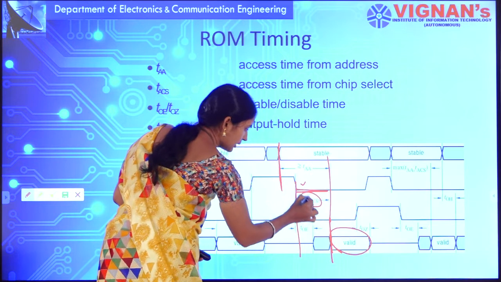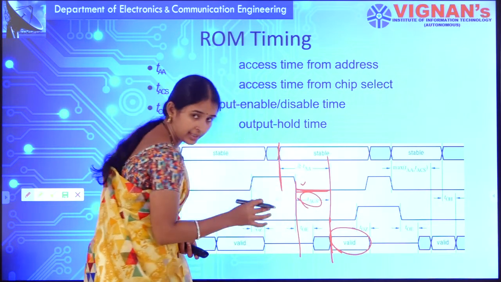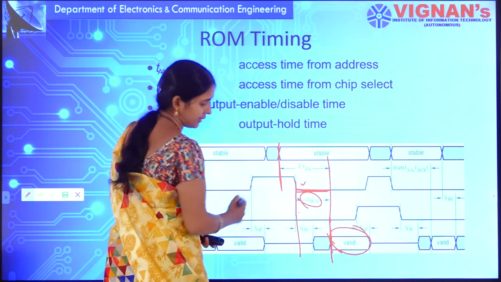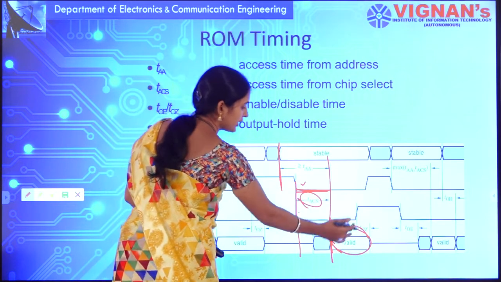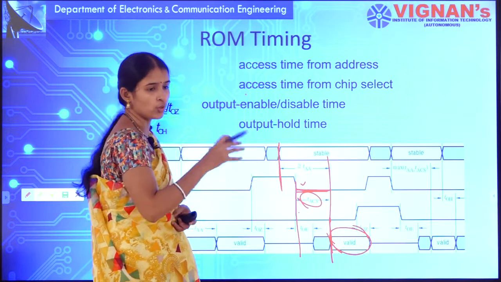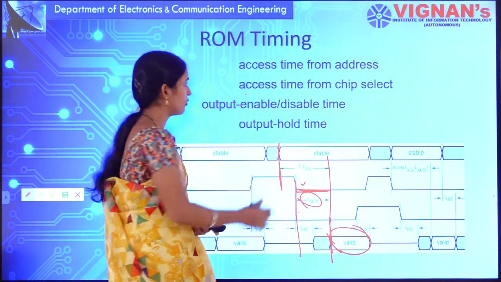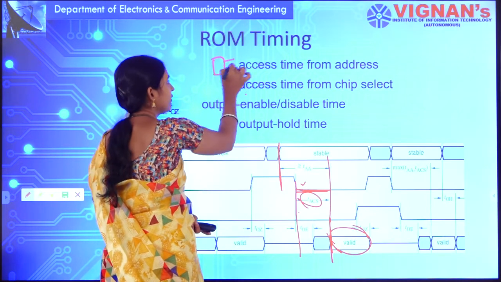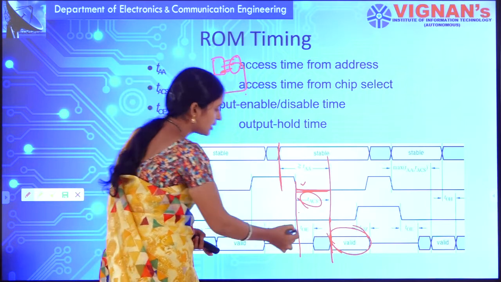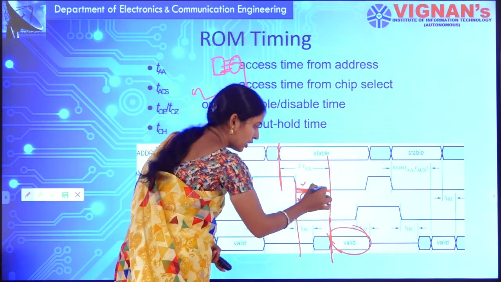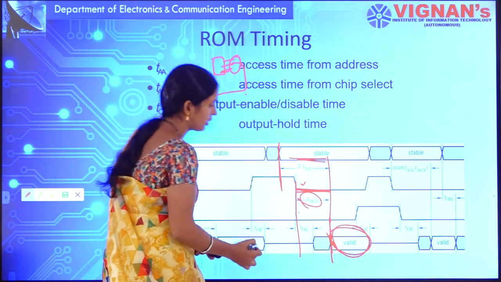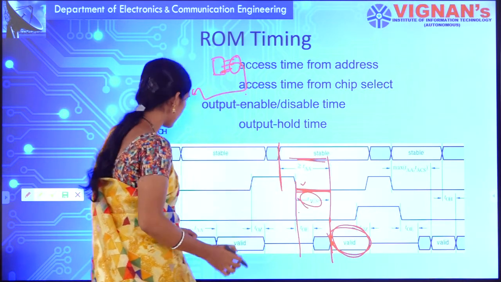Even though the chip is selected, you get the valid data after some delay. That is called your access time from the chip select. So if you want your data to be very fast, whatever data is in that chip will be accessed by the microprocessor. But even though the chip is selected and the address is available, you get the valid data after some delay, and that is called your access time from the chip select.